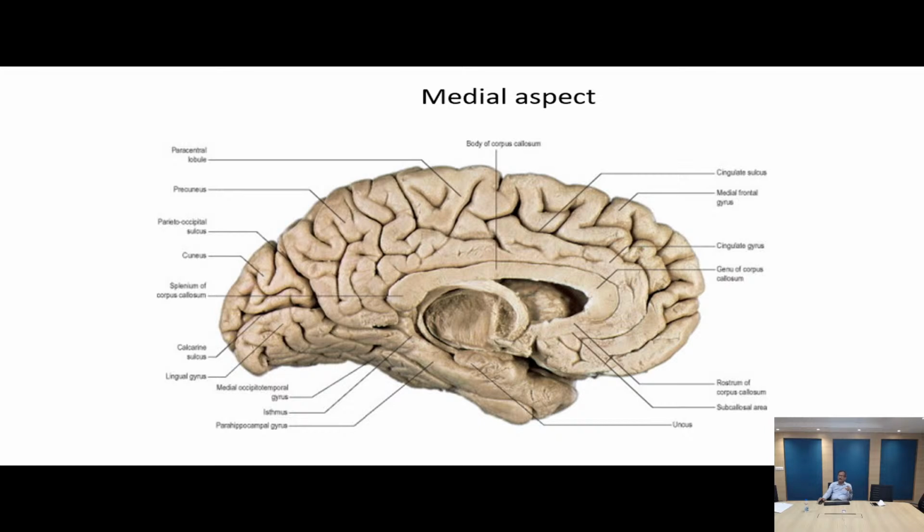So you can imagine the huge number of connections made by these 85 billion neurons, and the connections which they make are more than the number of stars in our galaxy, the Milky Way. So you can understand the complexity of the brain and the immense number of neurons that are present over here.